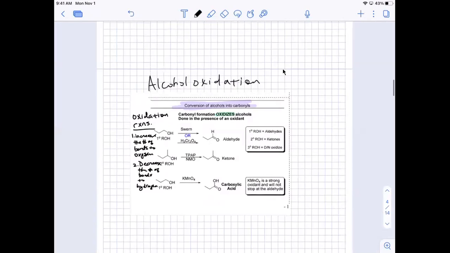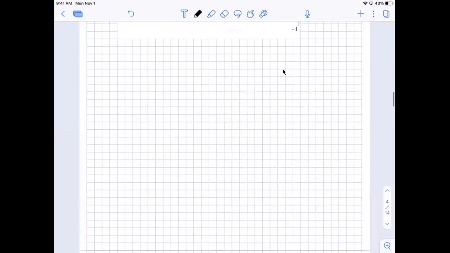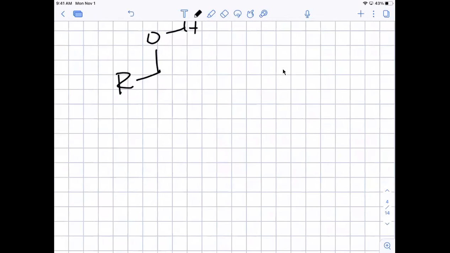Let me give you a generic overview of what has to happen. So here's my alcohol.